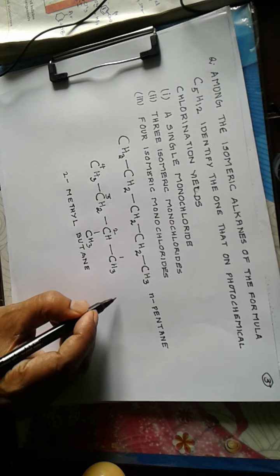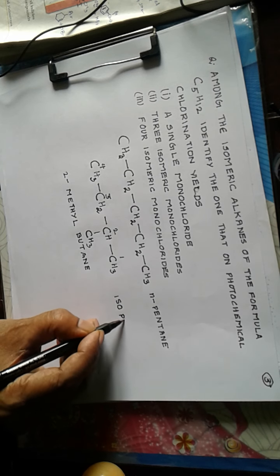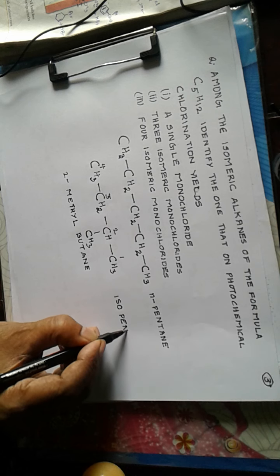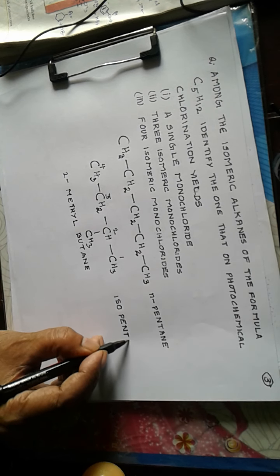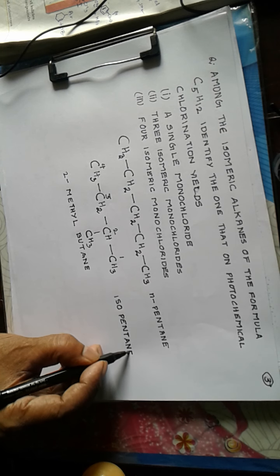Because the longest chain contains 4 carbon atoms and hence the parent is butane. There's a branch on carbon 2, hence 2-methyl butane, or it's also called isopentane.